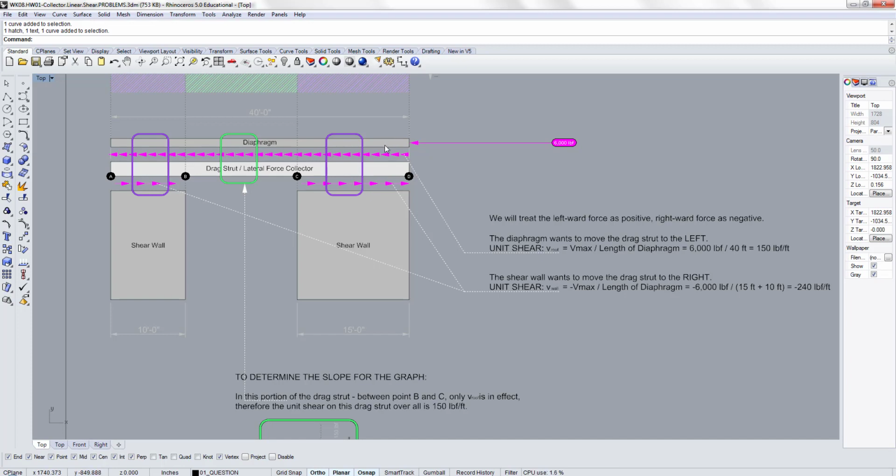We calculated unit shear for two cases. One is between the diaphragm and the drag strut. The other is between the drag strut and the shear wall, right? So what's happening is that this beam is really in between, right?